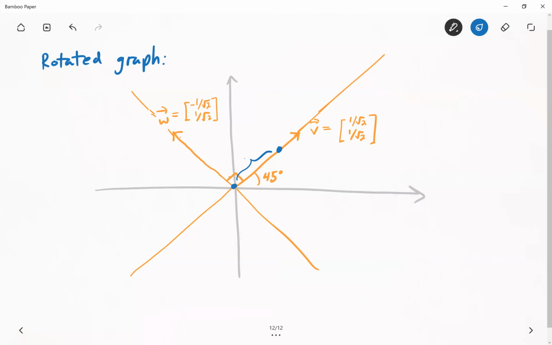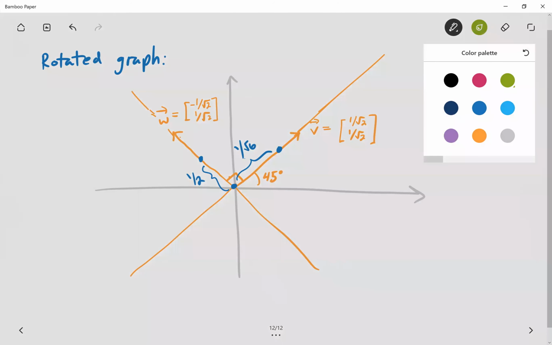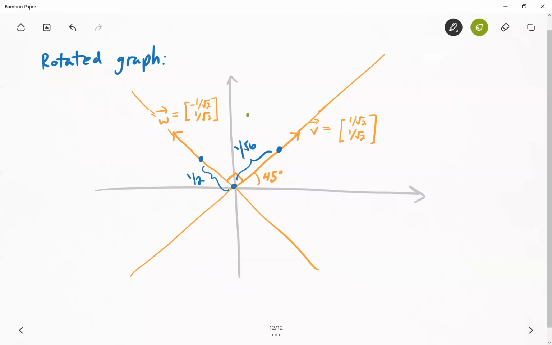So this distance is still 1 over radical 6. And this distance right here, let's say that's 1/2. And I need that so I can draw my asymptote.